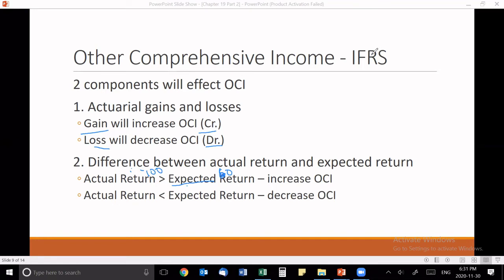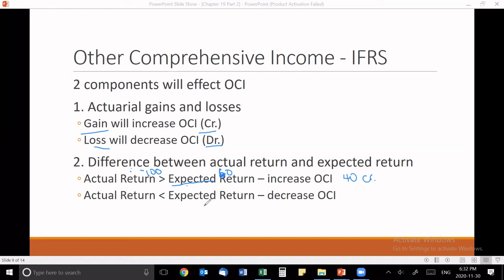They actually get a return of $100. So that's a good thing, right? They thought they'd get 60, they actually got 100. So the difference of 40 is going to increase OCI, and that's going to be a credit, right? Any increases to OCI get credited.